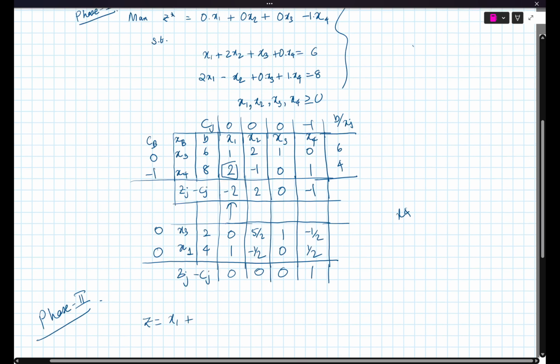And we don't need to add the artificial variables in the objective now, and we'll do our simplex with the above thing. So what do we do? So we'll copy this part.